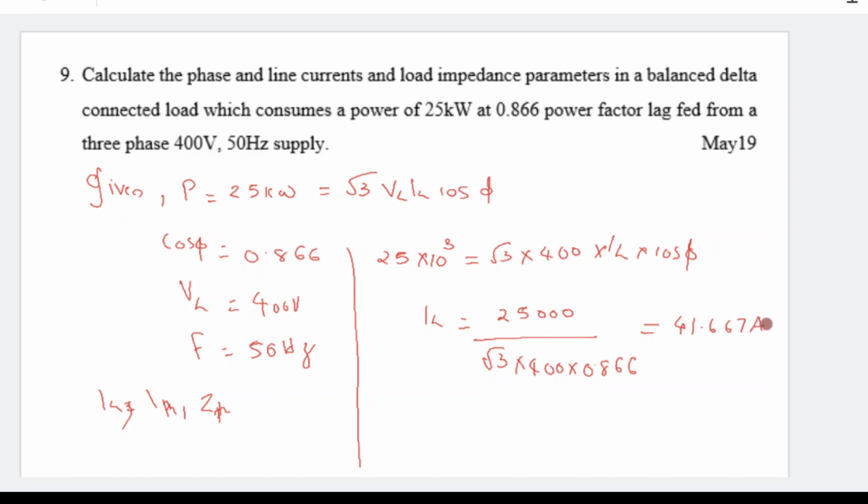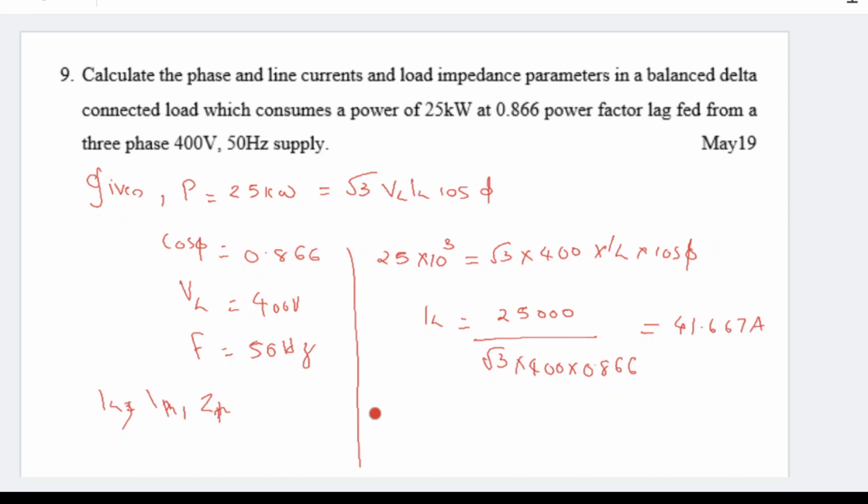41.667 ampere. And what about the phase current? What is the relation of the line current and phase current as far as a delta connection is concerned? I forgot to summarize the equation first. For star connection, IL will be equal to I phase and VL will be equal to root 3 V phase.